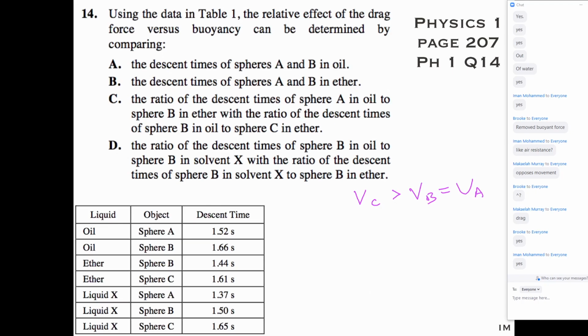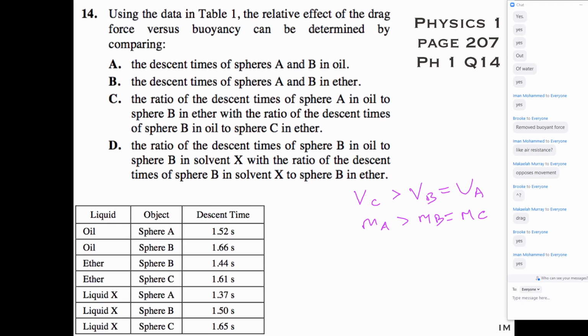Okay, does it tell me anything about the density? It tells me mass of A is greater than mass of B, which is equal to mass of C. Based on that, which is the most dense?